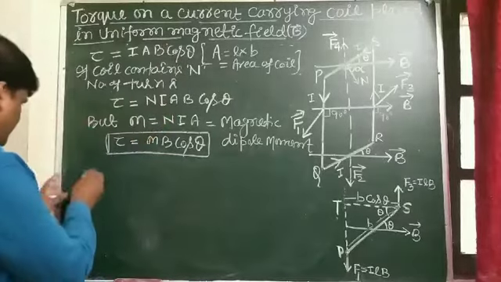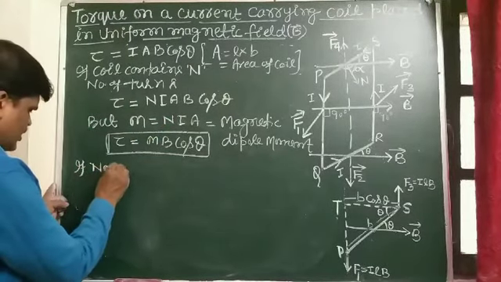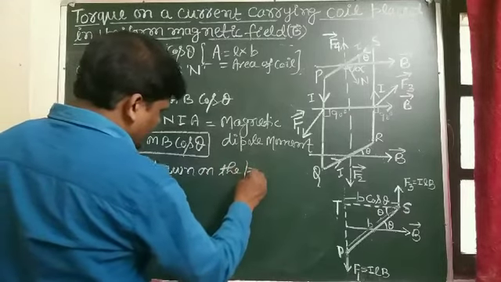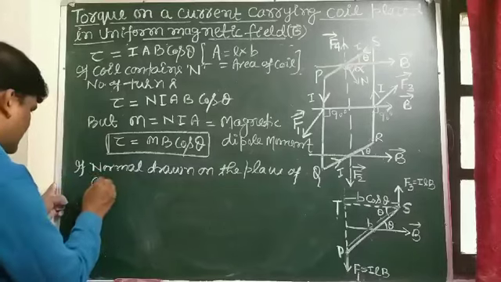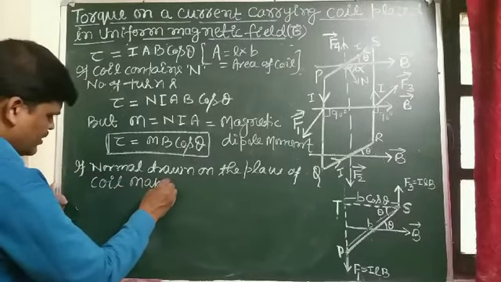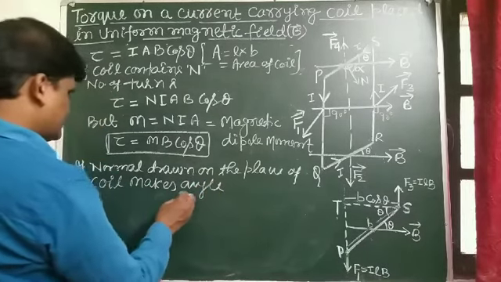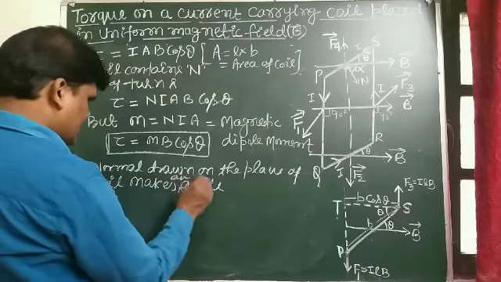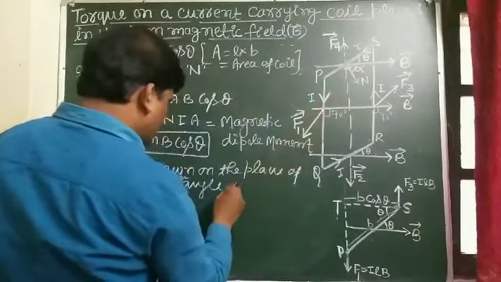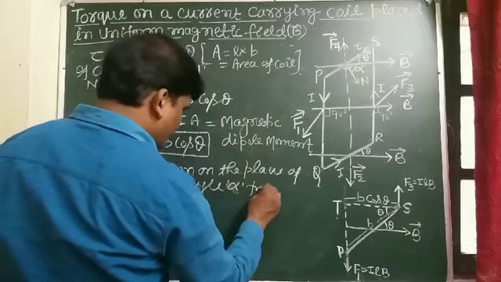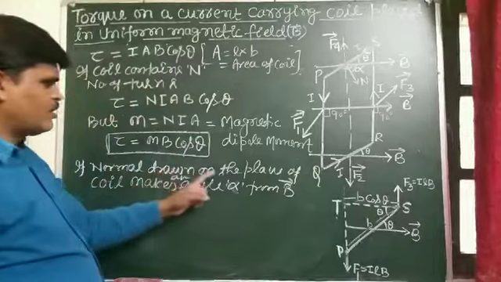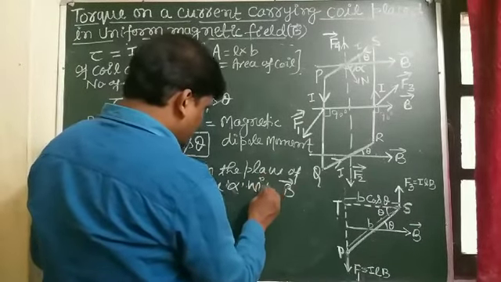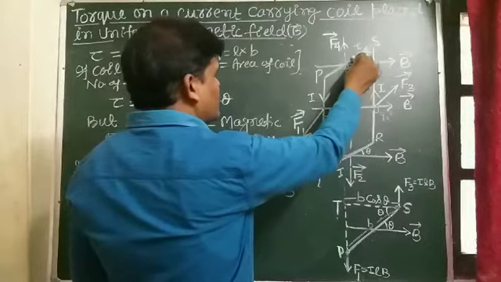important point: if the normal drawn on the plane of the coil makes an angle alpha with the magnetic field B, then the total is 90.